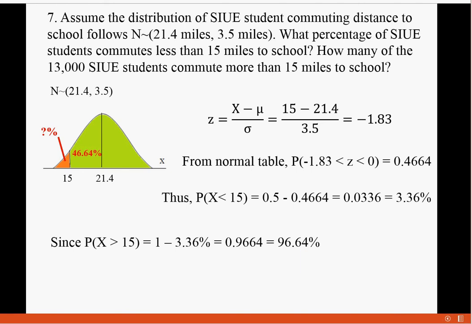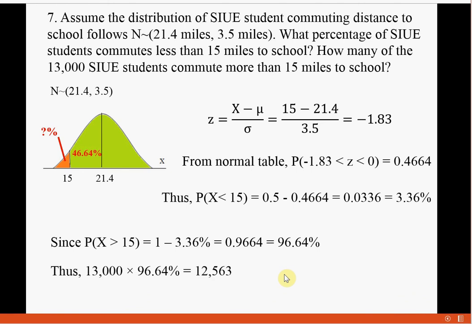Now, how many students are actually involved? The total number of students at SIUE is 13,000. 96.64% of 13,000 is how many people?